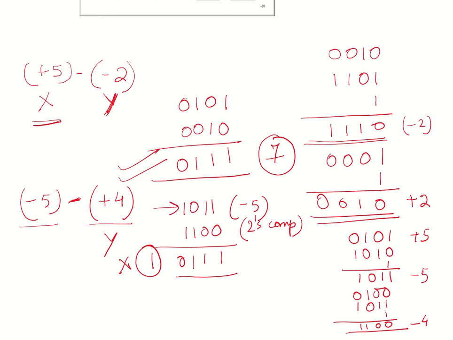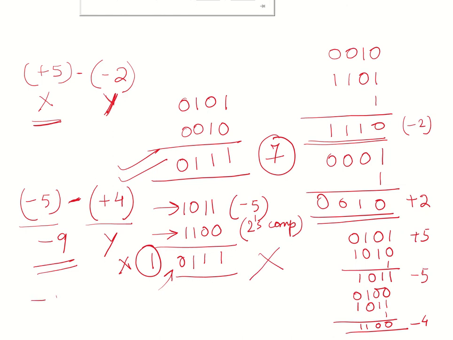You see that this number was negative because the most significant bit is 1. This number was also negative. The most significant bit was 1. The answer that I am getting is a positive answer. This is an incorrect answer because minus 5 minus 4 would give me minus 9, and this result I cannot represent using 4 bits.